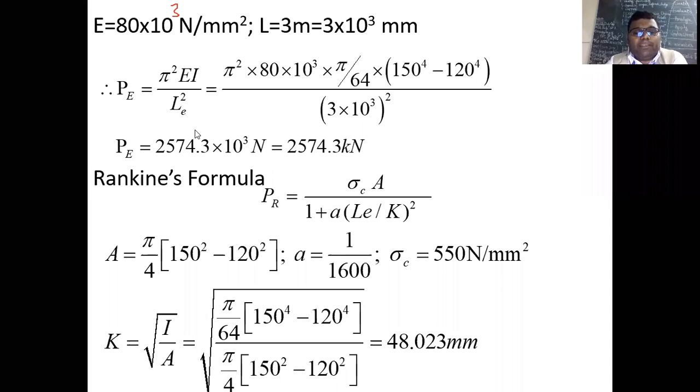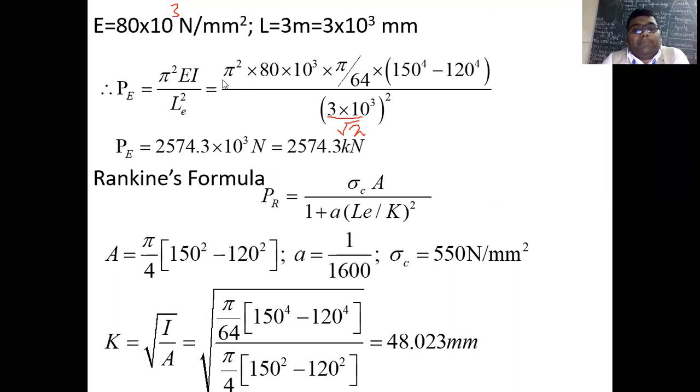So we have the standard formula pi square EI upon LE square, where LE is equal to L upon root 2, so root 2 must come under the whole square, like this.